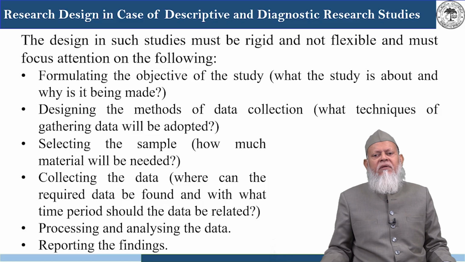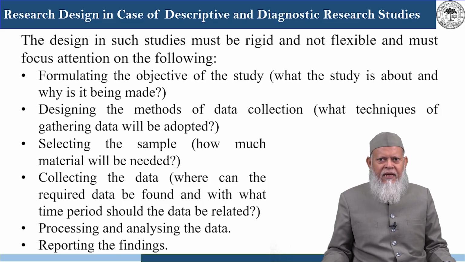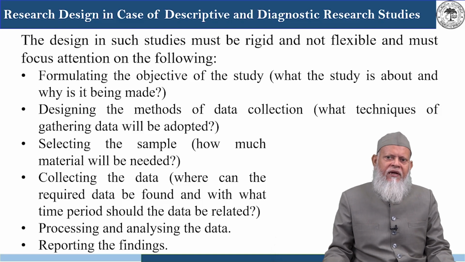He or she has to decide on the sample, and also which type of sampling method the researcher has to adopt has to be decided from the very beginning. Whether it is non-random sampling or random sampling, or a mixture of the two, that has to be decided by the researcher in advance.